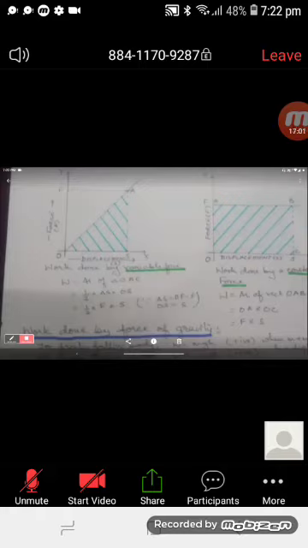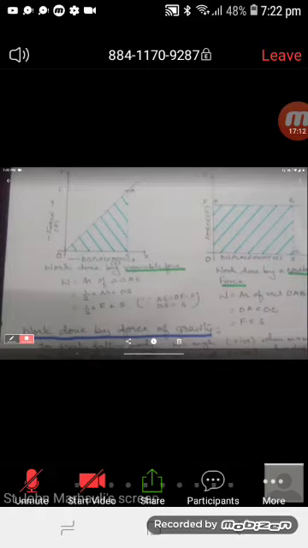Similarly, if you go to the next one, we have the graph of a uniform or constant force, and therefore the graph is going to be parallel to the x-axis, that is your displacement. Now, why do we need to find out the area in this case also?